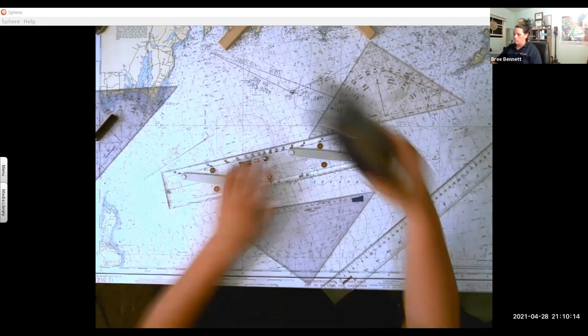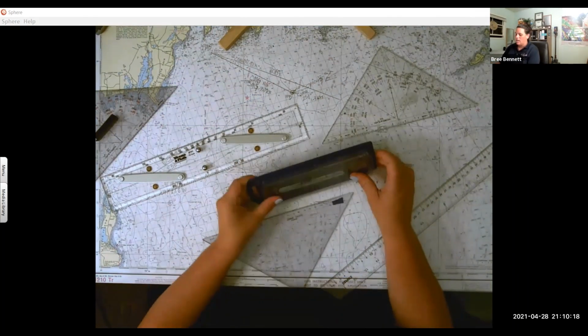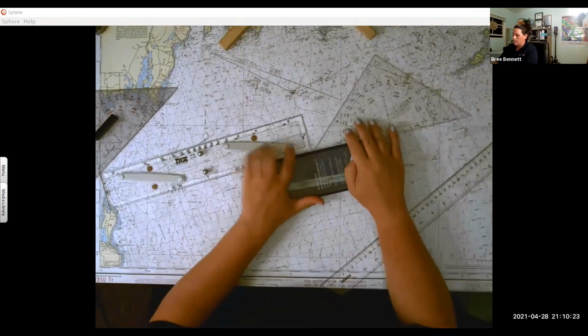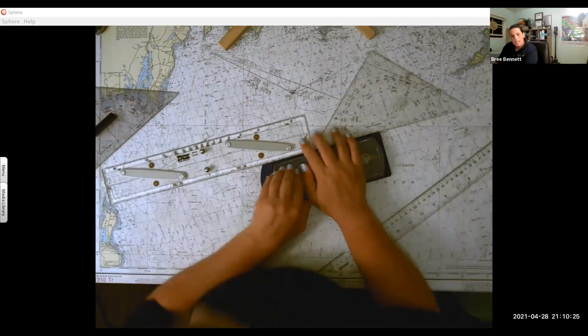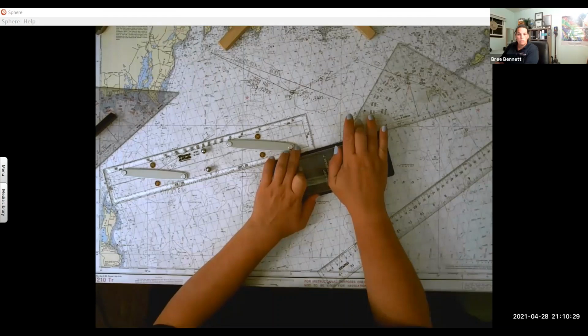You can also use the edge of your holder for your compass. Most of you guys have that with you. You can extend something out using any sort of straight edge, whatever you have.